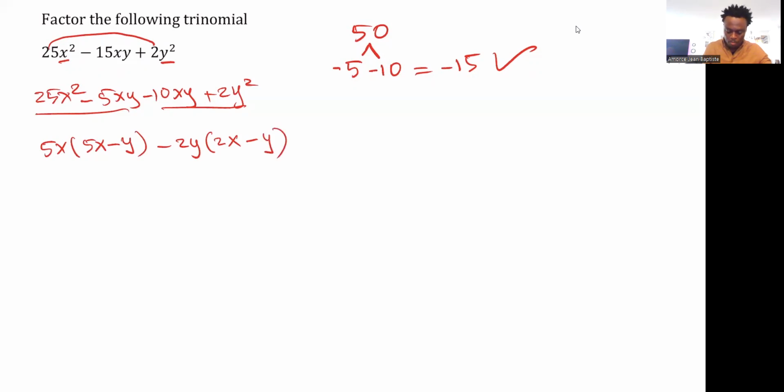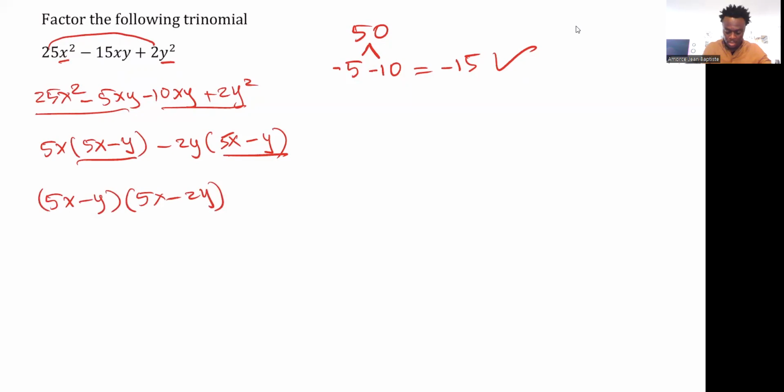So I think I made a mistake. That should be a 5 here. And then that here, same. We factor 5x minus y on the outside. And then the next parentheses, we put 5x minus 2y, the coefficient of each group.